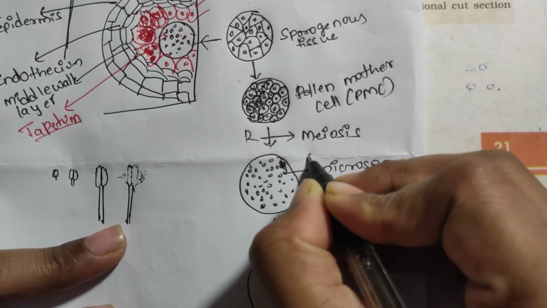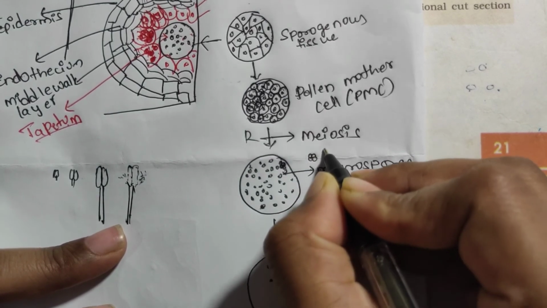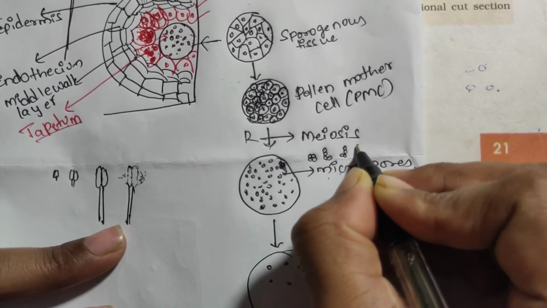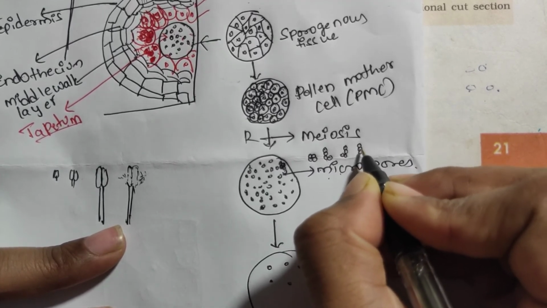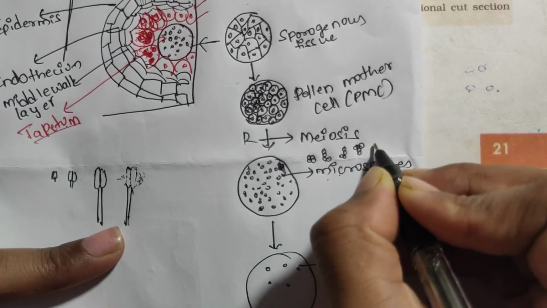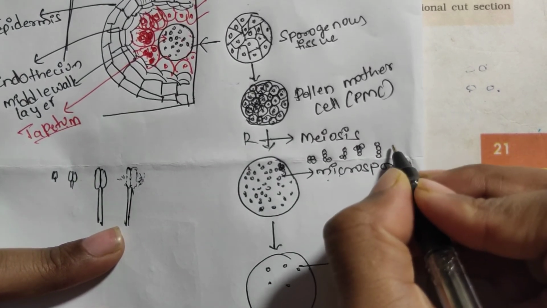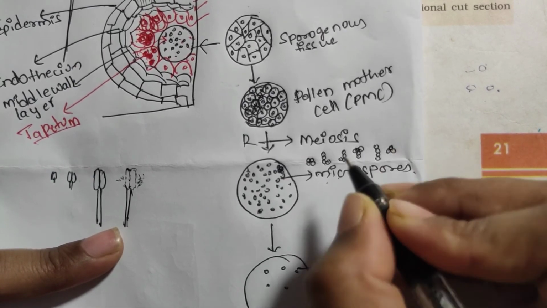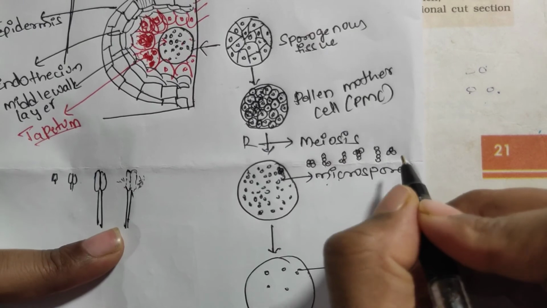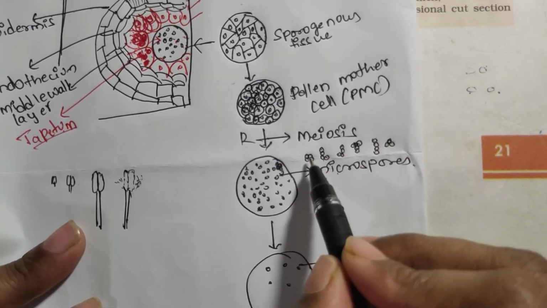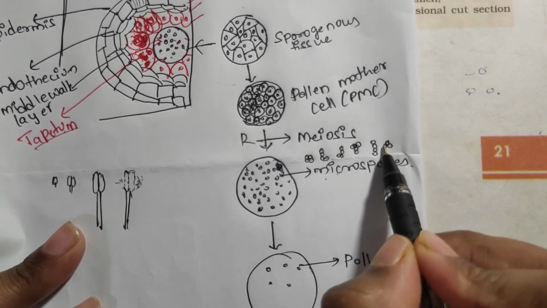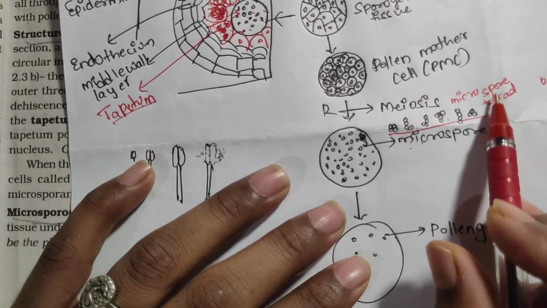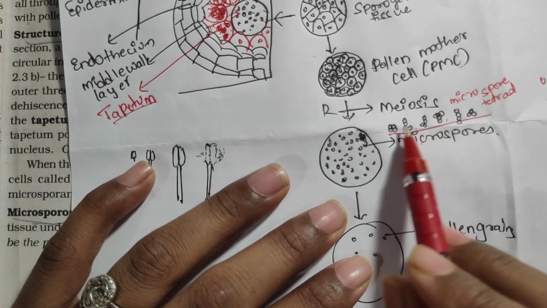They might be in this fashion 1, 2, 3, 4, or in the L form, or the J form, or the T form, or the linear form, or the tetrahedral form, where 3 are facing here and another one is facing the opposite side. This kind of structure we are going to call a microspore tetrad. You all understood?